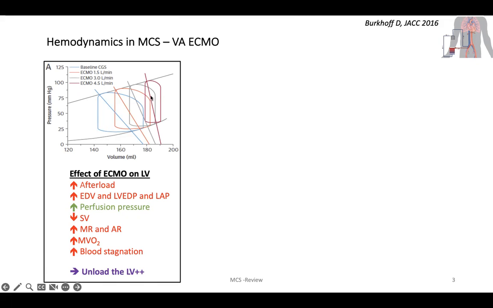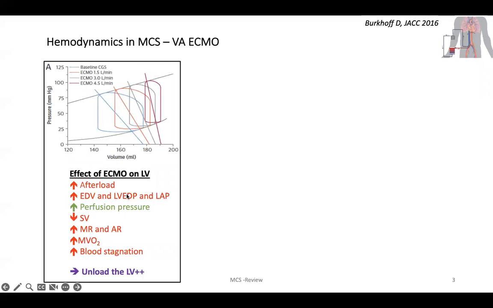As you can see, the curve narrows with the increase of flow, meaning that the stroke volume decreases with increases of flow. One of the other consequences of VA ECMO on the LV is that you may have an increase of mitral regurgitation, and aortic regurgitation is an absolute contraindication for VA ECMO for obvious reasons.